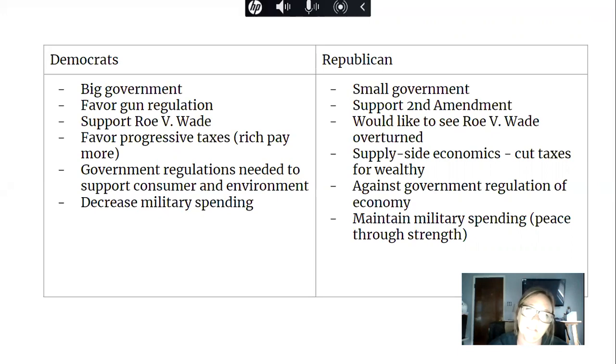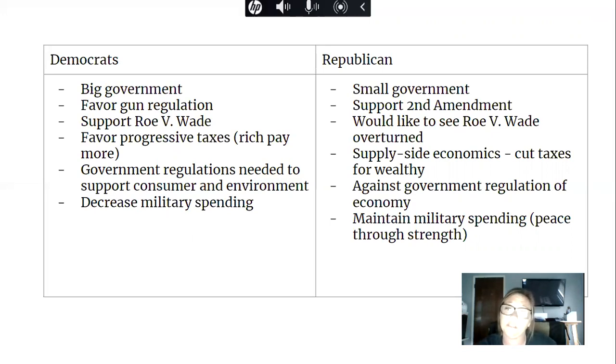If we continue here, Democrats tend to favor gun regulations. They would support Roe v. Wade, so the existing policy that we hold in the United States on abortion, keeping it legal, at least in some ways. They tend to favor progressive taxes, so they would prefer the rich or the more wealthy people in society to pay more taxes.